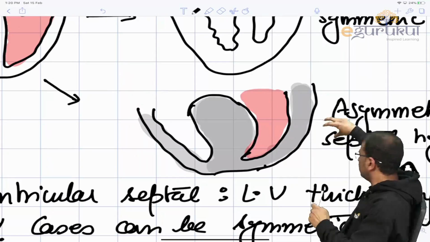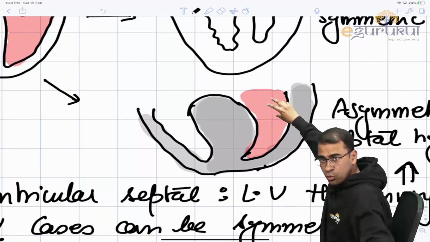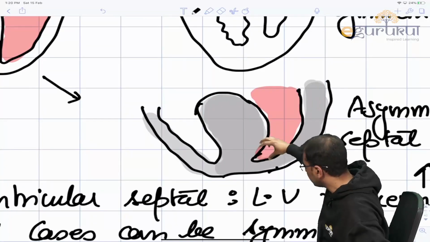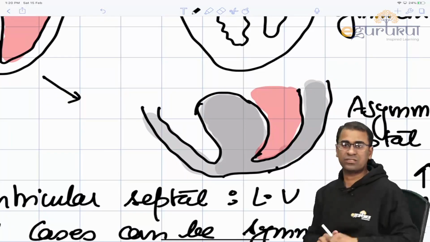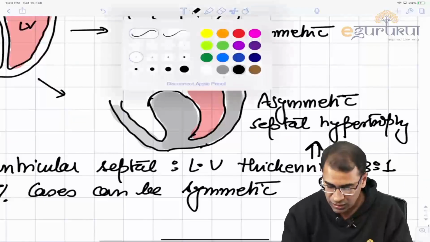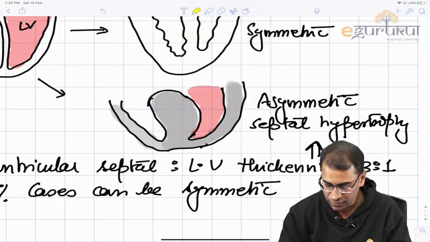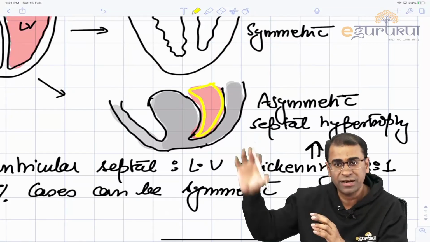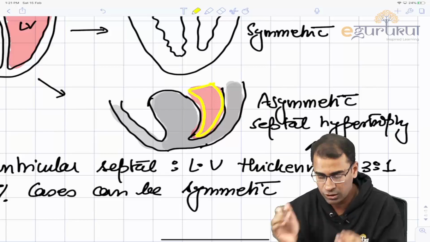Isn't it looking like a banana? This whole area here looks like a banana being placed here. This is called banana-like configuration. This ventricular wall, can't you put a simple banana here? So beautiful, a banana put here. This typical configuration is called banana-like configuration.